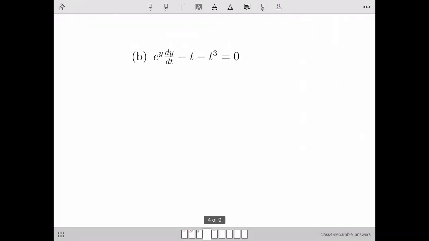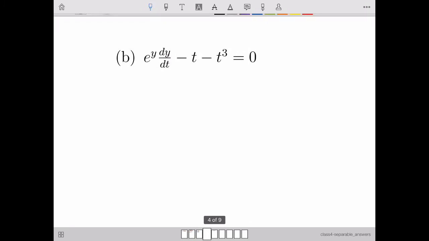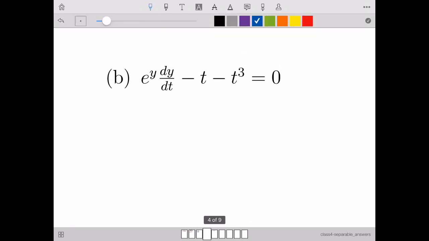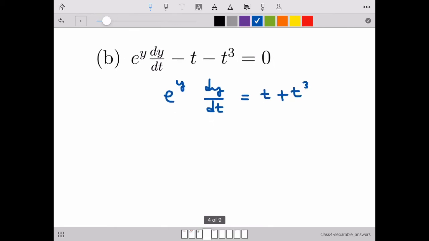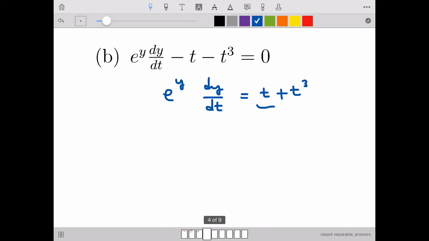Next example, B. Is this separable? Yes, it is. This is e to the y dy dt equal to t plus t cubed. Separable. So that is g of t, and this is h of y.